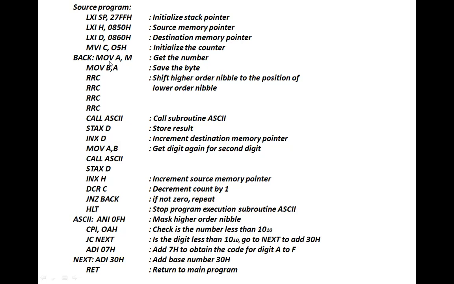Now we have to start the process by reading the number and storing the number into the accumulator. So the first number which is available at 0850 will be copied into the accumulator. Suppose the first number is 01.